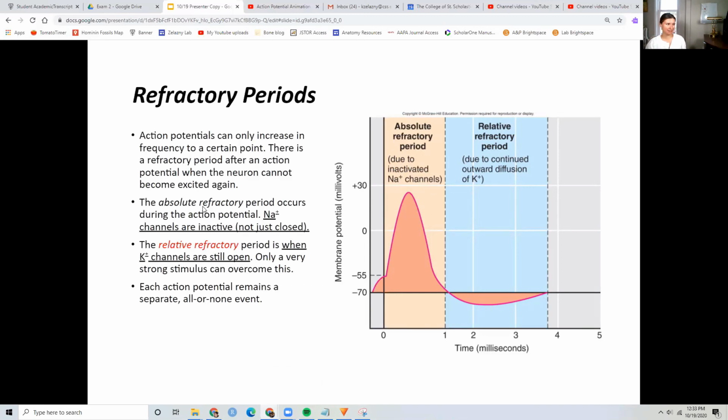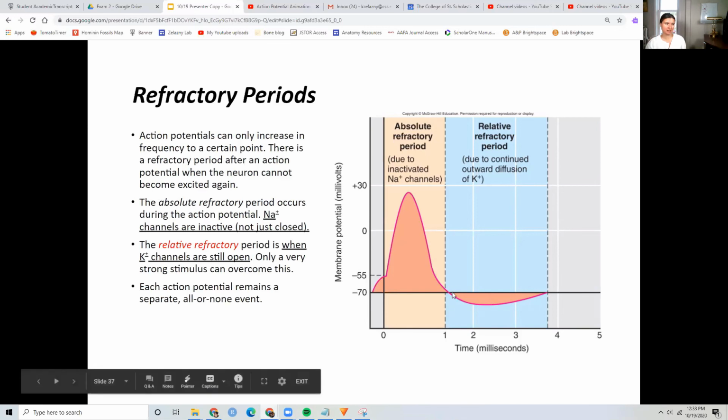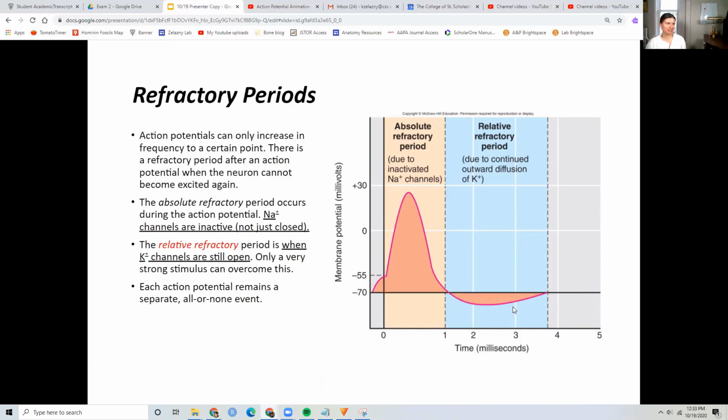So during this after hyperpolarization phase, phase 3 kind of, this is our relative refractory period, because we are down below -70. We're even farther towards our potassium equilibrium potential than normal. Potassium is still escaping the cell. It's holding us down negative. It's basically inhibiting another action potential from happening.